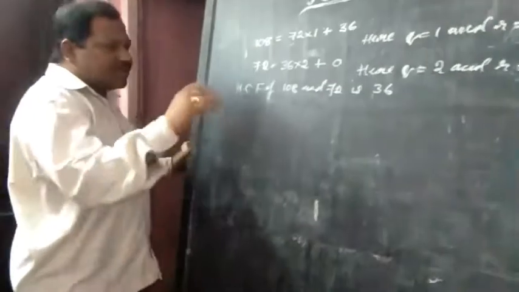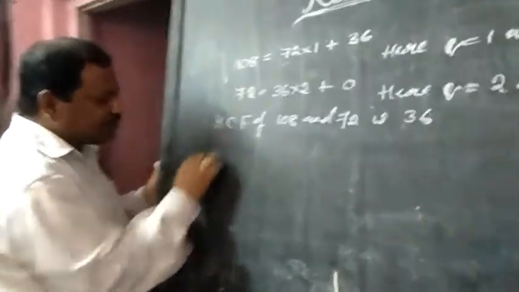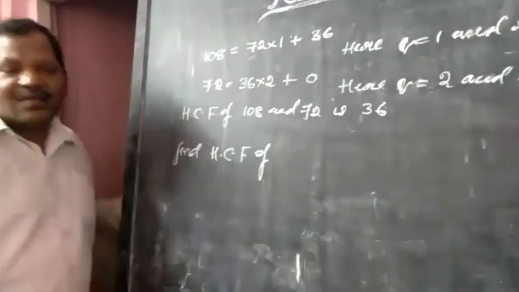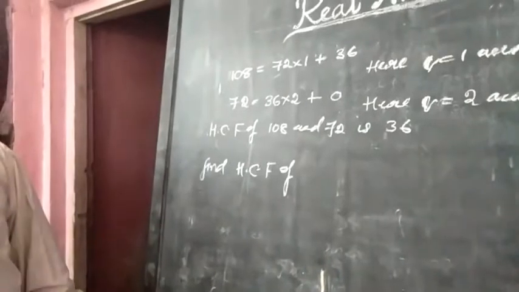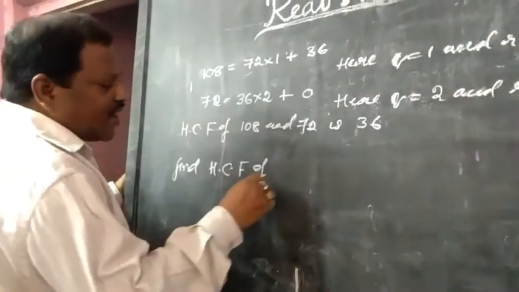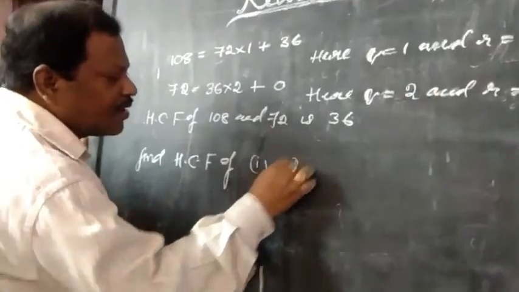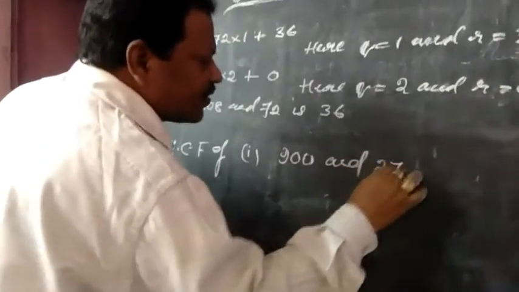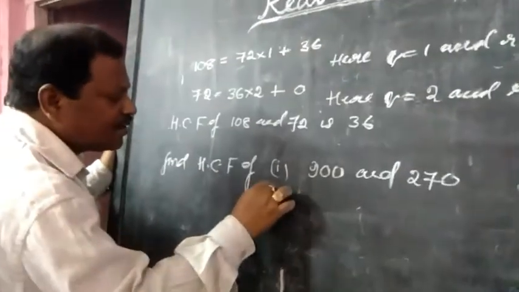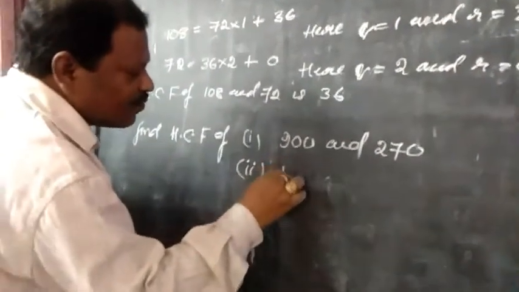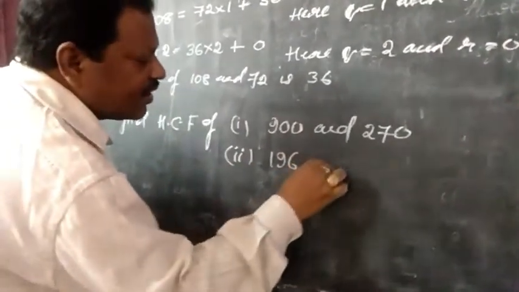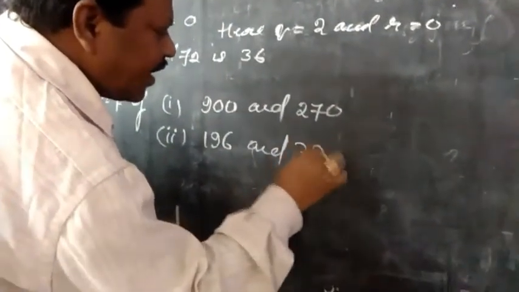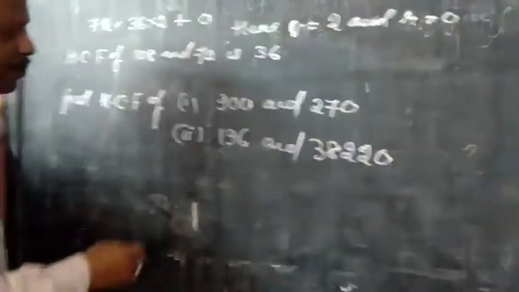Try yourself. Next, find HCF by using Euclid division lemma. First one, 900 and 270. Second one, 196 and 38220.